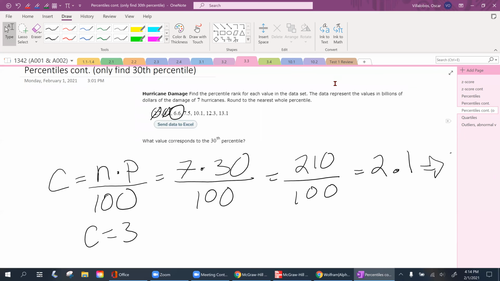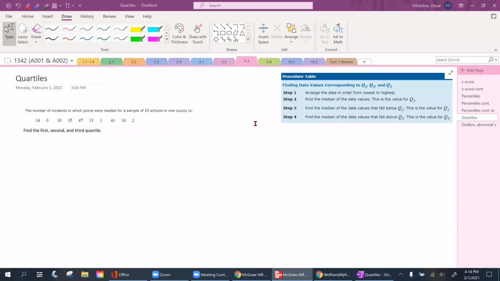Okay, now let's move on to the next part, which is quartiles. With quartiles, we're dividing our distribution, where the middle point, the median, is going to be your Q2. Let's do something like this.